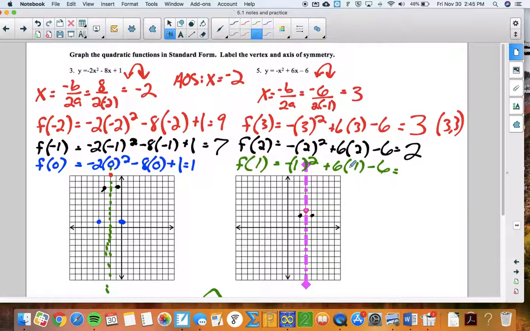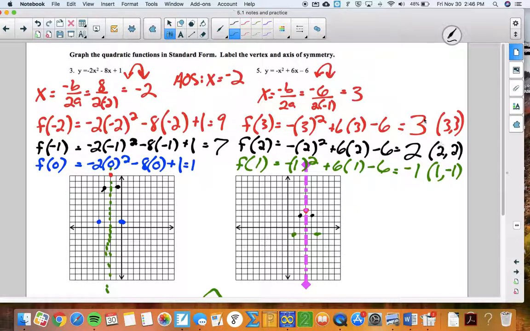Plus 6 is, well, honestly, this is going to be 6 minus 6, which leaves me with that negative 1. So 1, negative 1. And then reflect that point across the axis of symmetry. And by the way, this was when x was 2, y was 2.